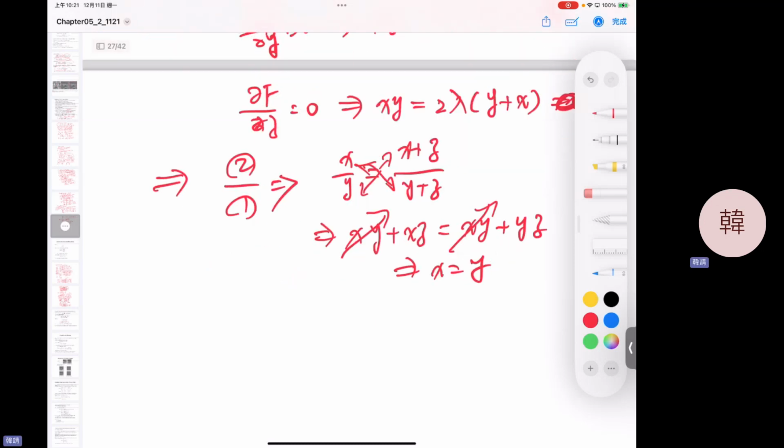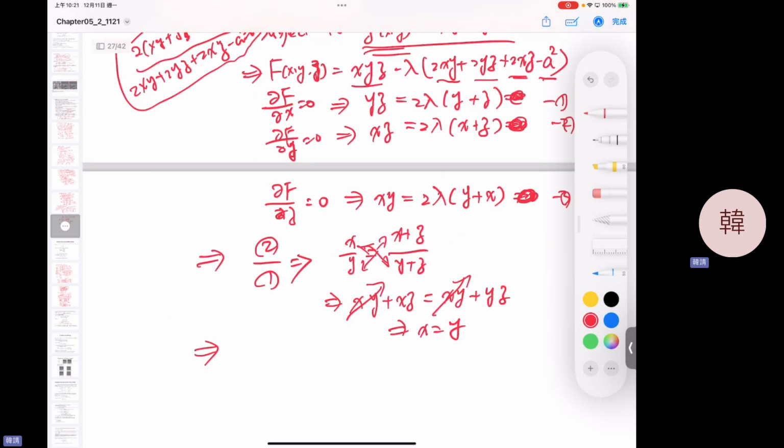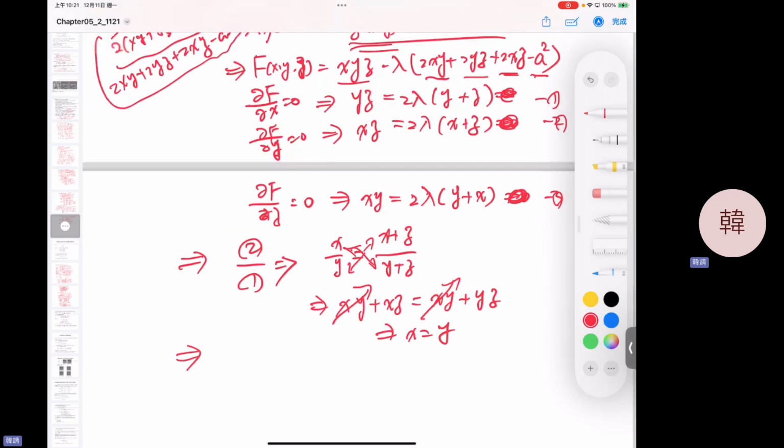And we need another one, so you can take any two equations again. Maybe we take the third one divided by the second equation. So what can you get? The x will cancel out. So on the left-hand side, we have y divided by z equal to what? Right-hand side, 2 lambda also cancels out.